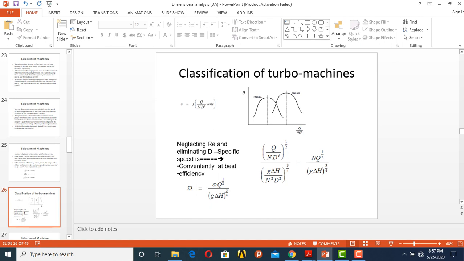So we have, in this case, this scale reflecting the efficiency of different families, like family A and family B, against the flow coefficient. Family A has got this shape, and it has got the maximum efficiency at this flow coefficient, and family B has got the maximum efficiency at that flow coefficient.